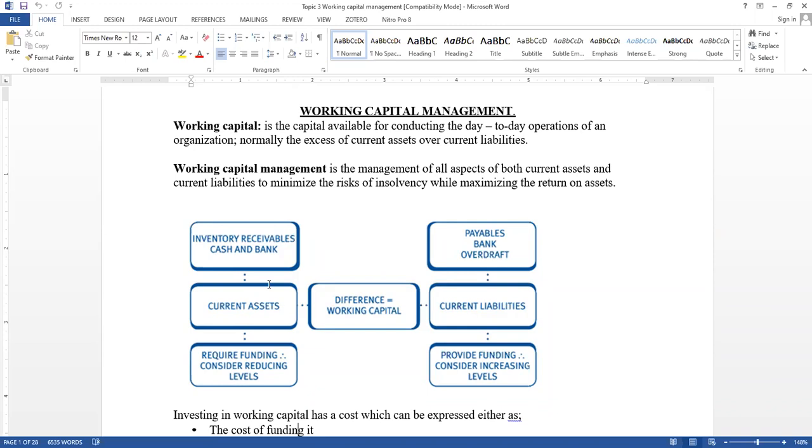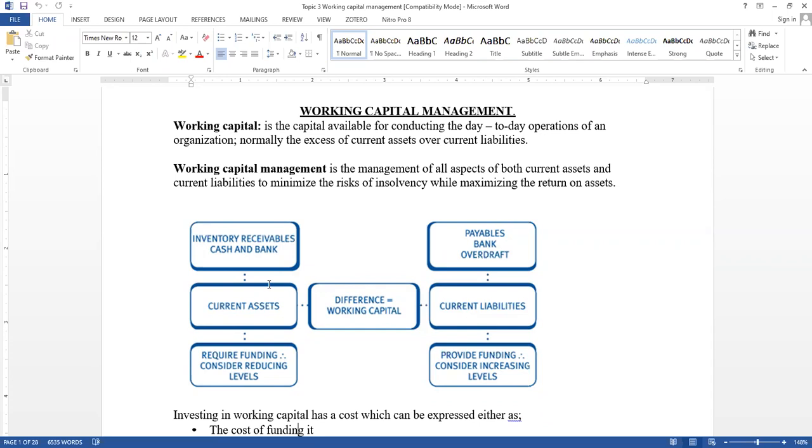But you need to be extra careful not to have a lenient credit policy, because your debtors may take advantage, and there is a possibility of losing that money, especially when the debtors fail to pay. So we shall look at management of debtors as one of the working capital elements.